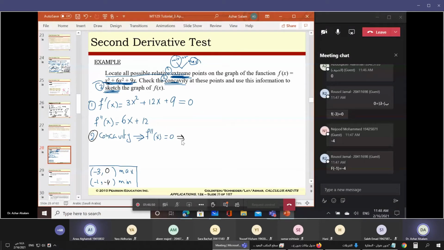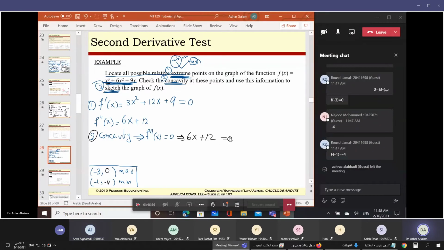So I have here 6x plus 12 equals 0. 6x equals minus 12, x equals minus 2. So minus 2 could be an inflection point, but I have to check.